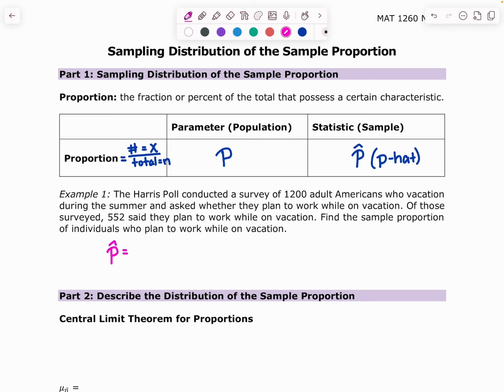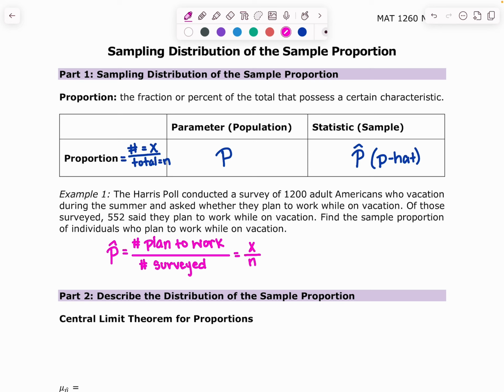And to find this, we're going to look for the number that plan to work while on vacation, and we're going to divide that by the number surveyed. And that is going to be x over n.